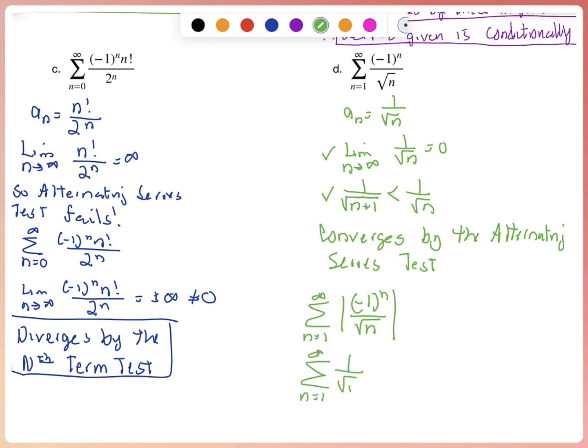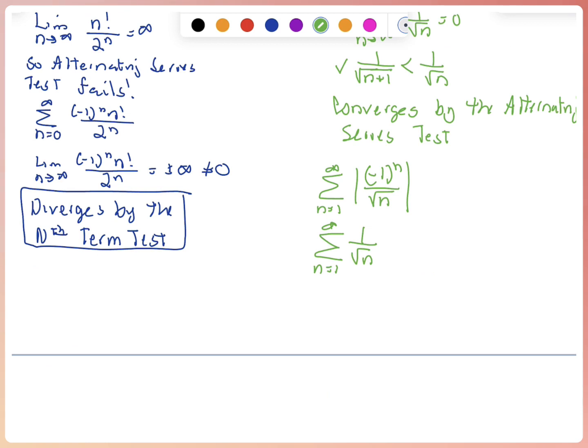And 1 over the square root of n is the same as 1 over n to the 1/2 power, which makes this a p series, where p is equal to 1/2. And so since 1/2 is less than 1, we know that this is a divergent p series. So the absolute value series diverges, but the original series converges. So our conclusion is the series is conditionally convergent.